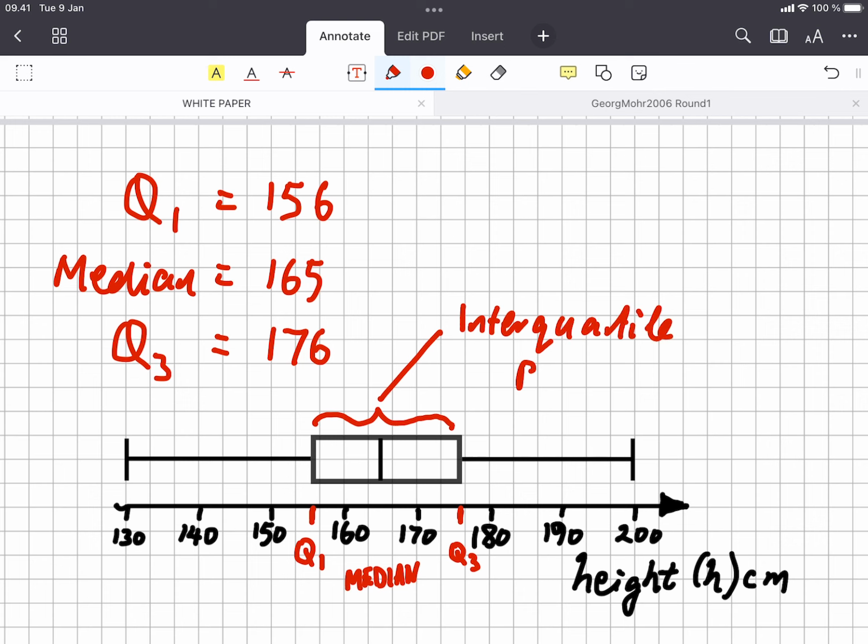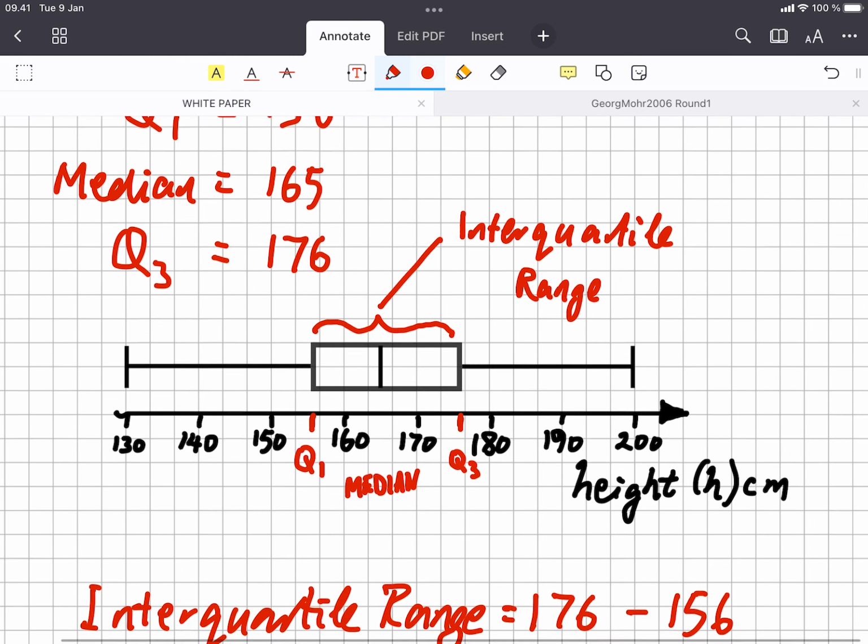And that can be more useful because just calculating the range is just dependent on the highest and lowest value, and that could be affected by just a couple of extreme outliers. Looking at the middle 50% gives you a better idea of the spread of the data, because the middle 50% is more influenced by all of the other values.